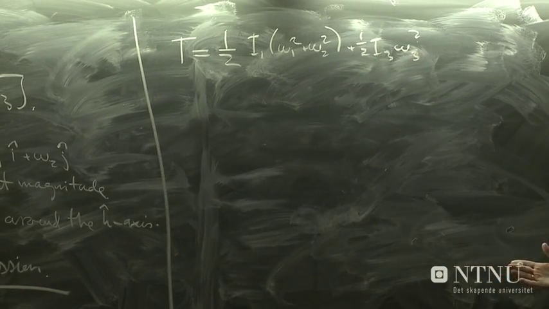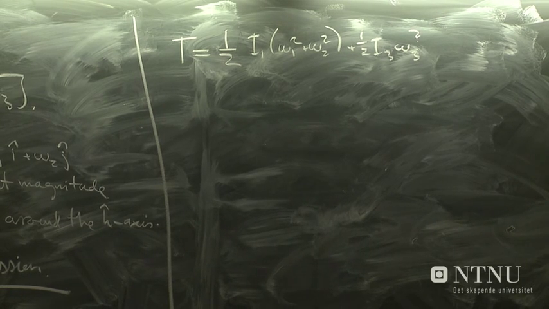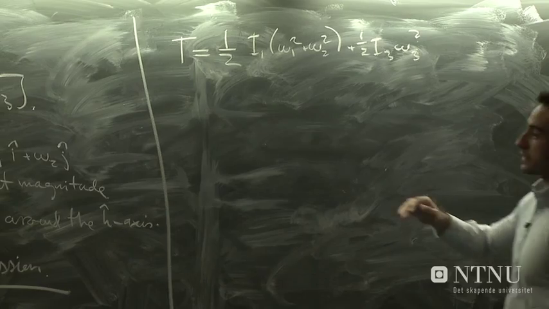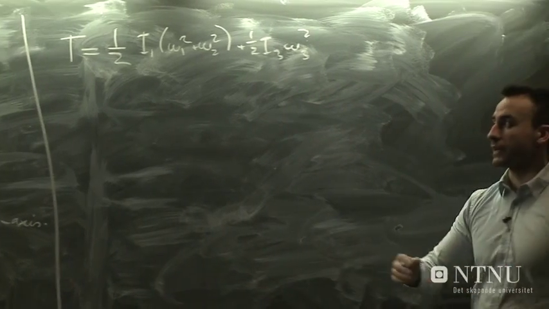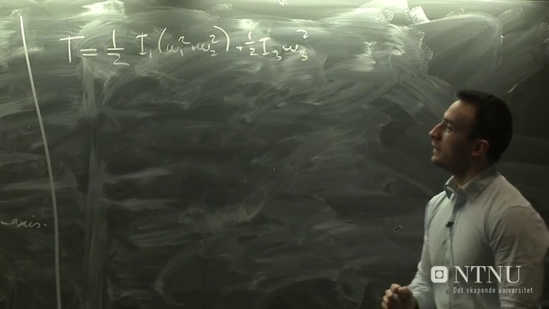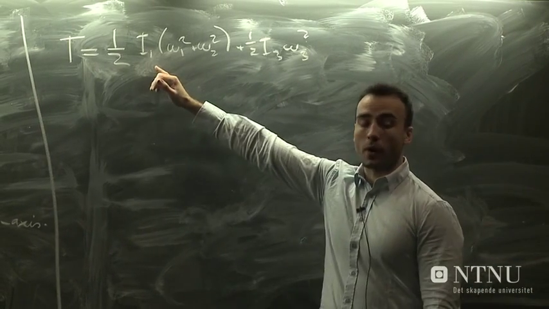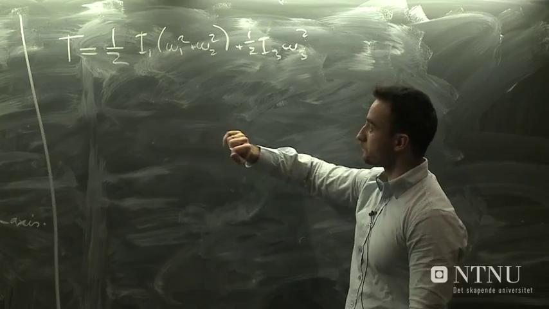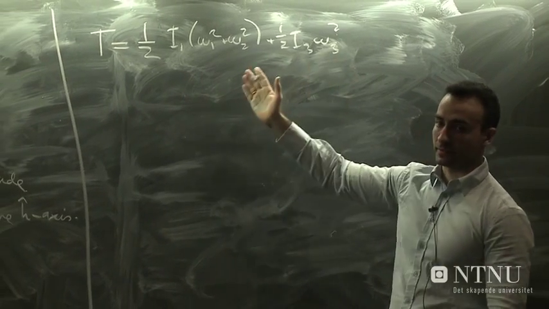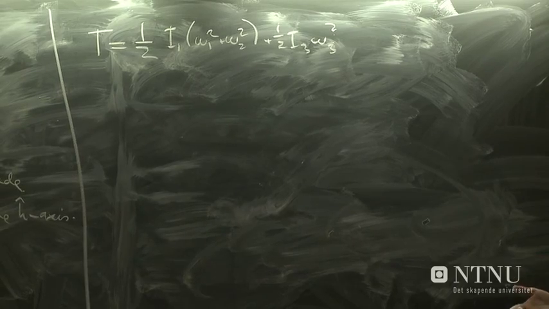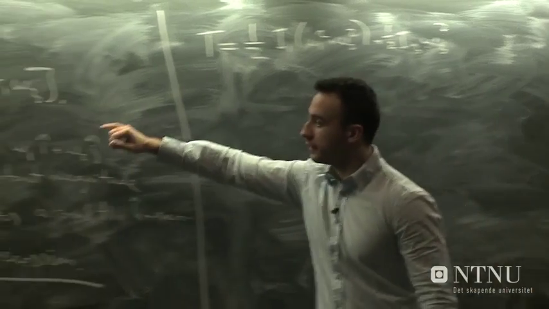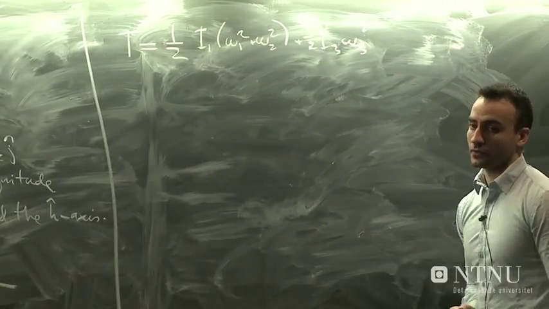Since we are so fortunate to know the main moments of inertia, I1, I2, and I3, we know that kinetic energy expressed in this system is particularly simple. Namely, it has the following form. And so I've just used I1 here, since I1 is equal to I2, and we get this. So now we have to insert our solution for omega here and check if this is really a constant.